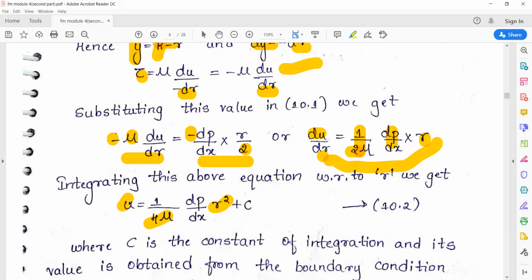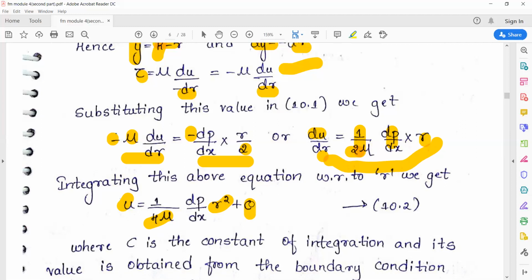So integration of du has become u is equal to 1 by 4 mu into dp by dx into r square. You're getting it, right? Integration of r dr is r square by 2, so that 2 is multiplied with this 2, and it has become 4 mu in the next step. So 1 by 4 mu into dp by dx into r square plus some constant.